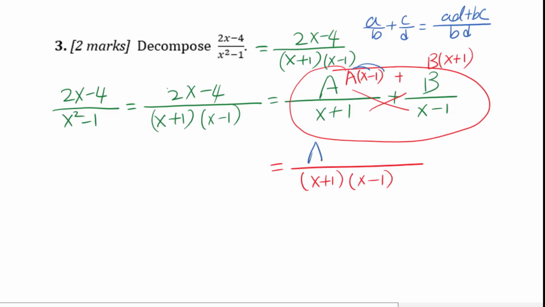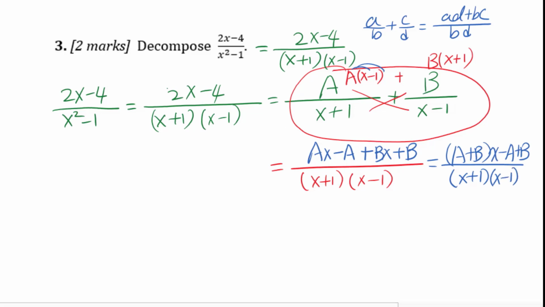Distributive property: ax minus a plus bx plus b. Organize: a plus b times x minus a plus b, over x plus 1 times x minus 1. We will set this equal to this. So we have 2x minus 4 equals a plus b times x minus a plus b.